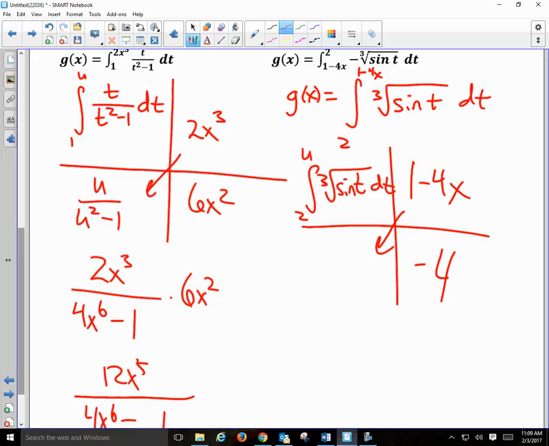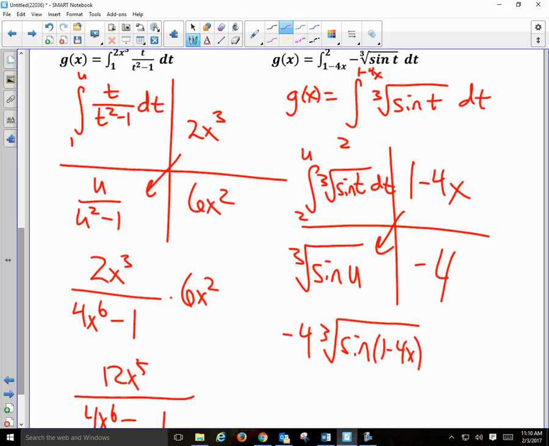What's the derivative of the integral from 2 to u of the cubed root of sine of t dt? Good. The cubed root of sine of u. So I'm going to plug the 1 minus 4x in for the u, and I put the negative 4 out front, because remember, we have to multiply the two results in the end. That's what the chain rule says.